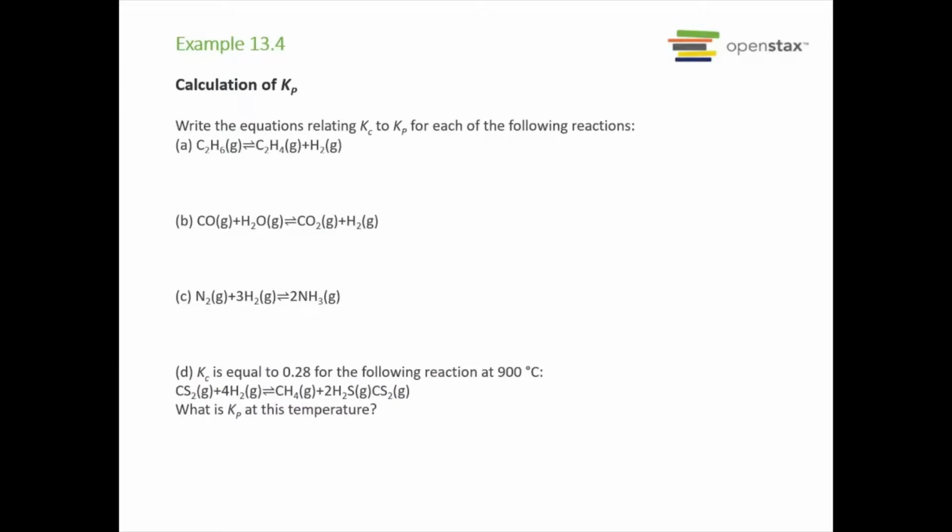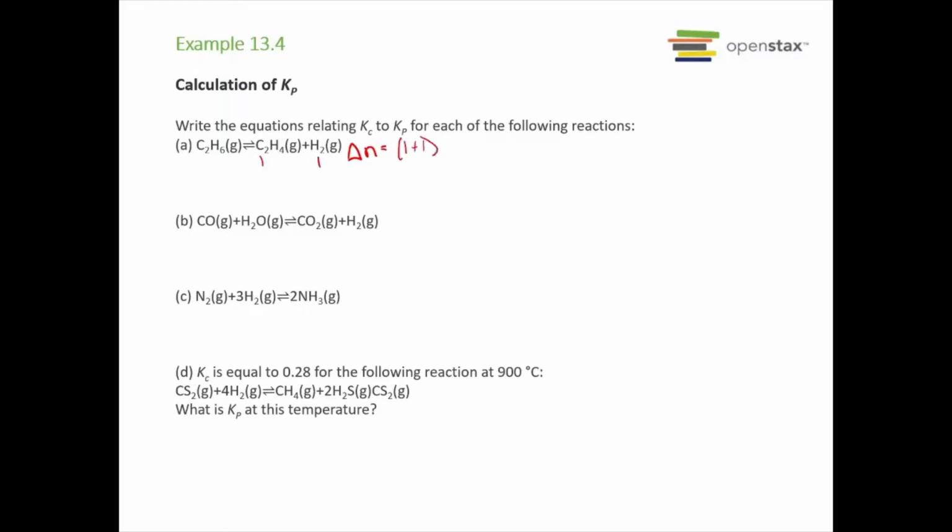All right. So for these, we want to write the equations relating Kc to Kp for some different reactions. So this first one, C2H6 going to C2H4 plus H2. So the change in moles, delta N. Okay, so we're ending with 1 mole of C2H4 and 1 mole of hydrogen.